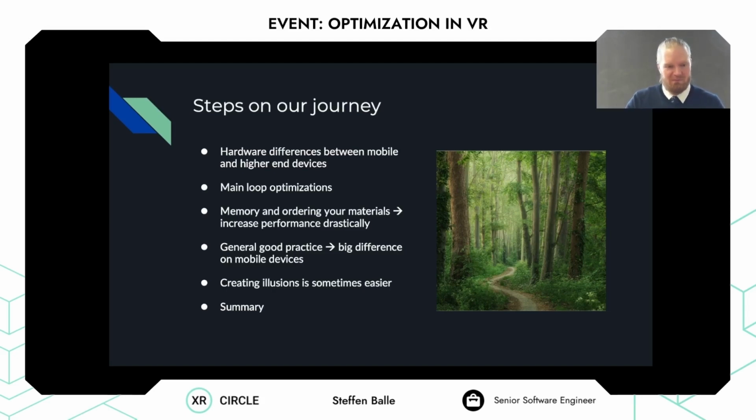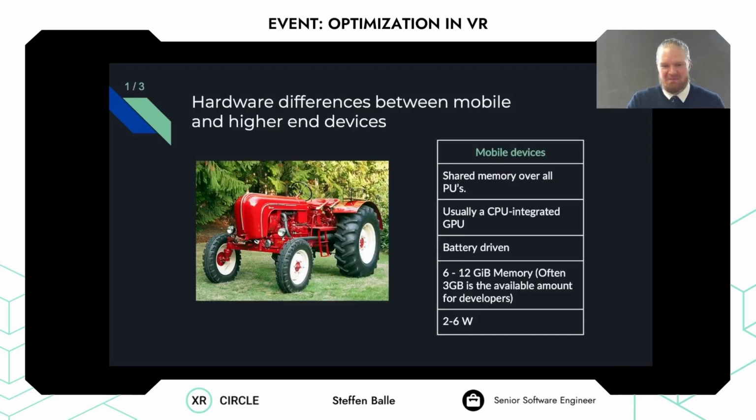Let's talk a bit about how to order the memory and order your materials and assets so that they're optimized and the GPU has an easier time of actually rendering stuff. Let's talk about some general good practices for real-time software that maybe have been lost to history a bit. And let's talk about creating illusions instead of a lot of code, which is sometimes easier, and we'll summarize in the end. Let's dive right in.